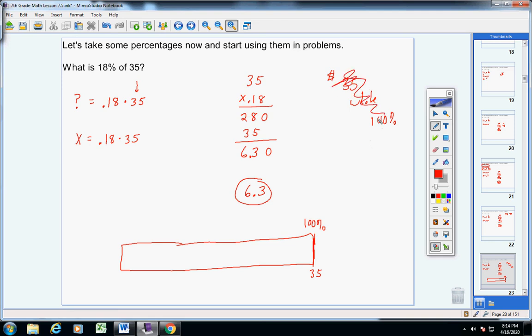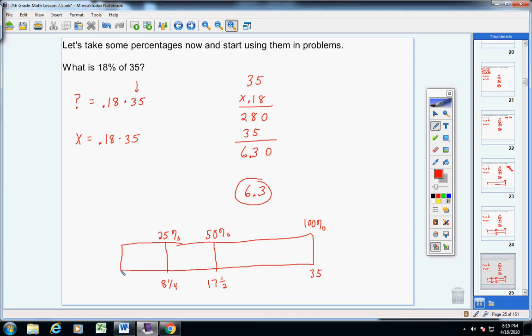Now, if that's 100%, then 50% is right here in the middle, and half of 100 is 50, half of 35 is 17 and a half, okay? Now, let's cut this in half from 0 to 50. That'd be right here, and that would be 25. At the same time, let's cut 0 to 17 and a half in half, and you would get 8 1/4.